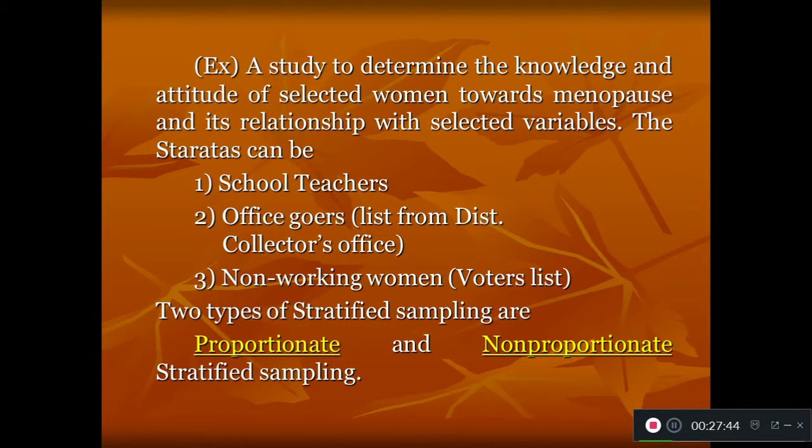So from each strata, I can select the sample either in a proportionate way or on a non-proportionate basis. Proportionate means from each strata we are selecting an equal number. In non-proportionate, we select different numbers from each strata.